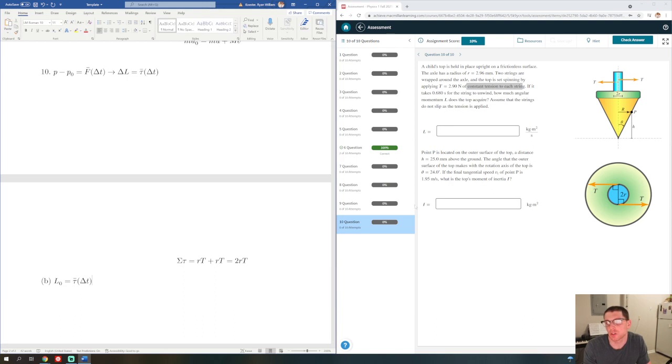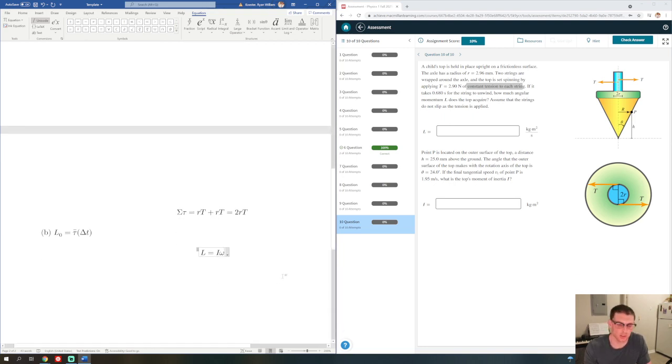And then you're essentially given a way to figure out what L final is, right? So we just want to compute L final. And this will be I omega, right? And now we have to use this relation between the tangential velocity and the angular velocity, this v equals r omega thing again. I guess we have to do a little bit of trig first.